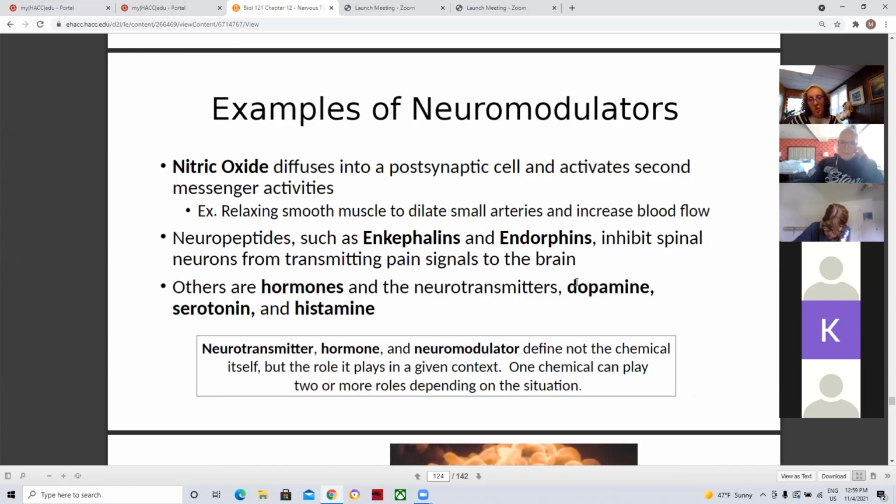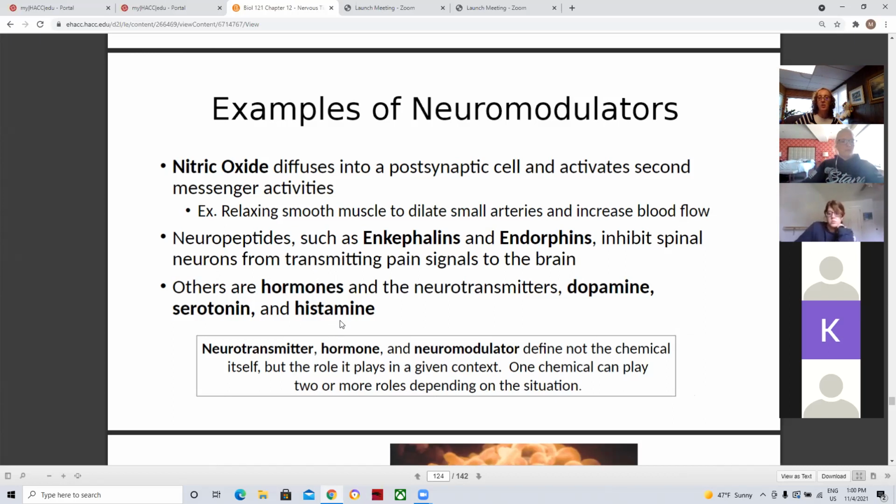So other neuromodulators are hormones and neurotransmitters like dopamine, serotonin, and histamine. What this means overall, this last statement, is that a neurotransmitter, hormone, or neuromodulator are not defined by the chemical itself.